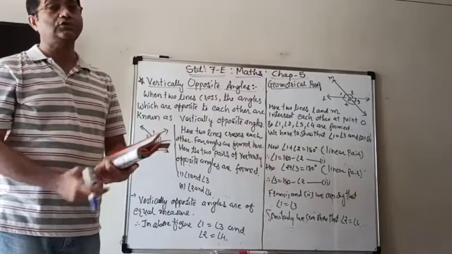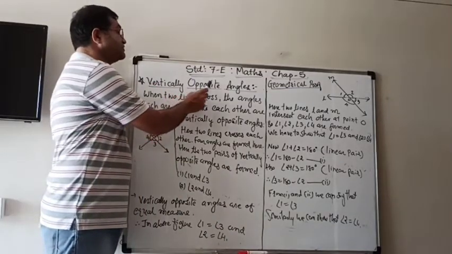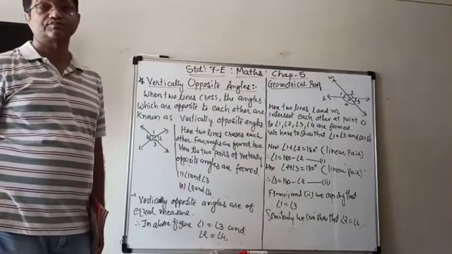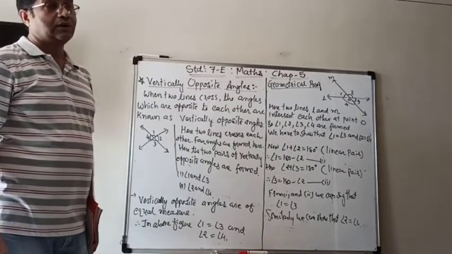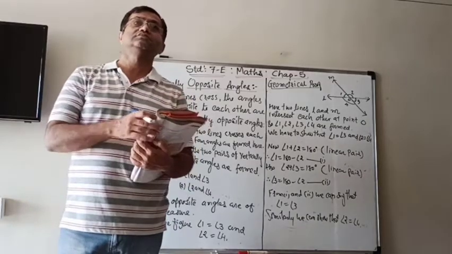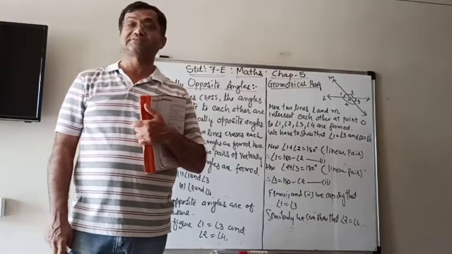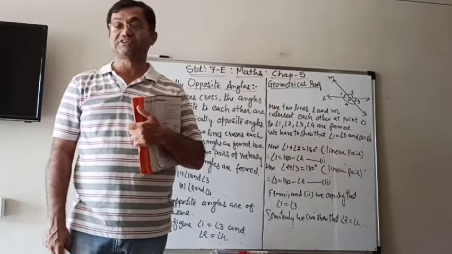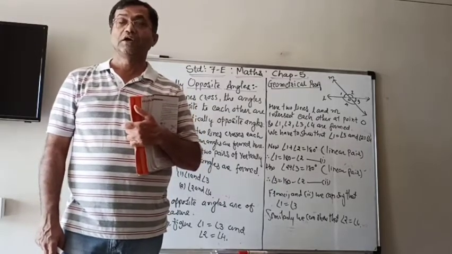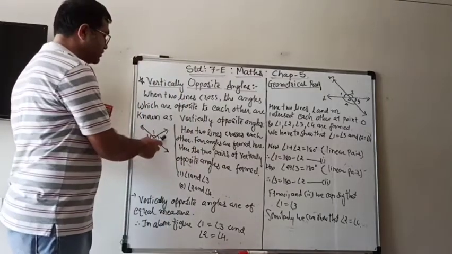Now we will learn about the vertically opposite angles. Now, to understand that, let's think about when two lines cross each other. You know that when two lines cross each other, four angles are formed.